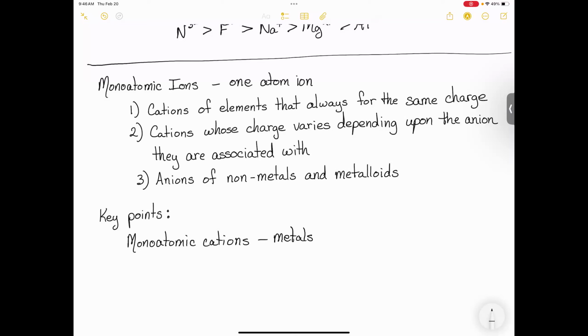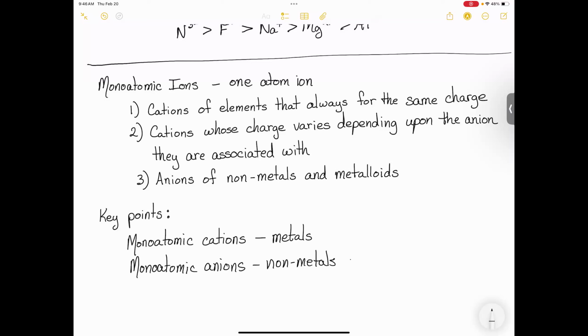So you have to know that division that we talked about. Is it a metal or is it a non-metal metalloid? Because if it's a cation, it's going to be a metal. Whereas, again, as I've already mentioned here, the monoatomic anions will be your nonmetals and metalloids.